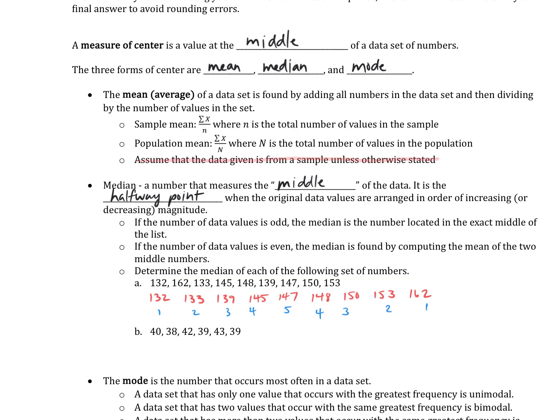If that helps, you can number them or you can just count. And you find that your median, by the way, median is usually abbreviated MED. Sometimes it's just capital M, but MED is usually how I do it. The median is 147.